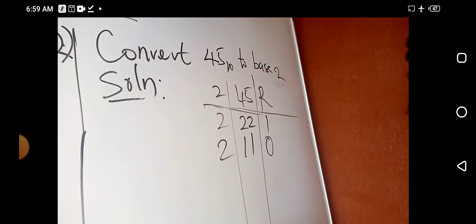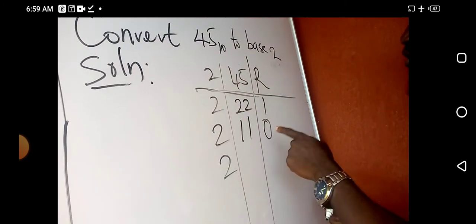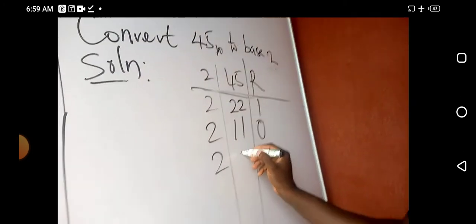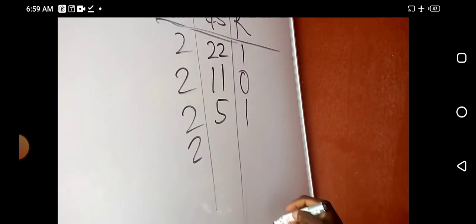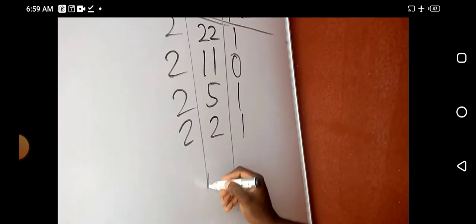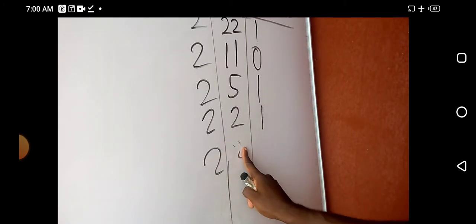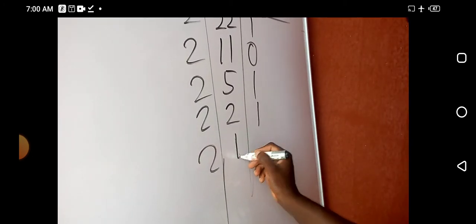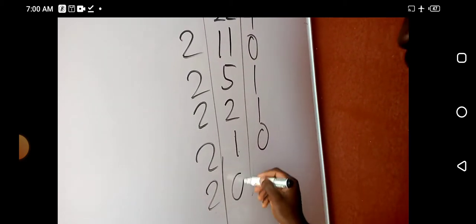When we divide 11 by 2, we get 5 remainder 1. 5 divided by 2 gives 2 remainder 1. 2 divided by 2 gives 1 remainder 0. Now 1 divided by 2 cannot divide, so we have 0 remainder 1.